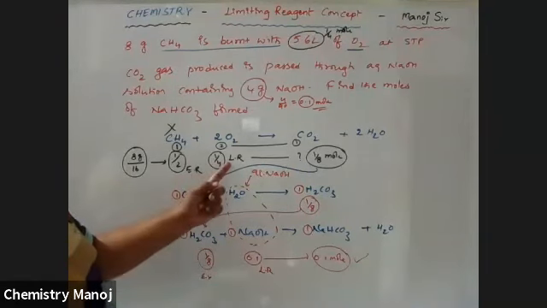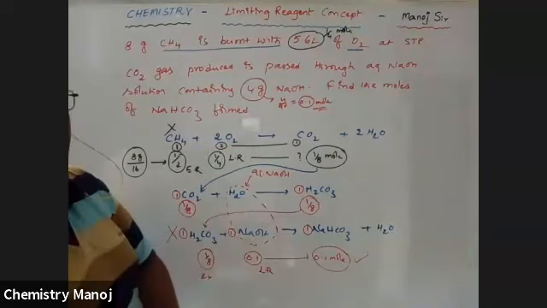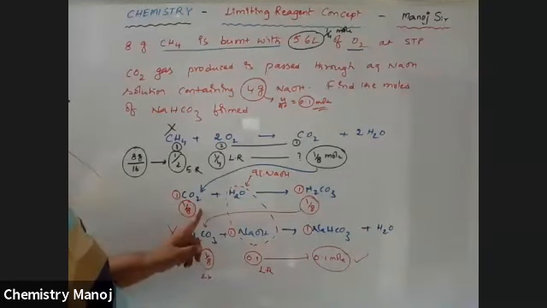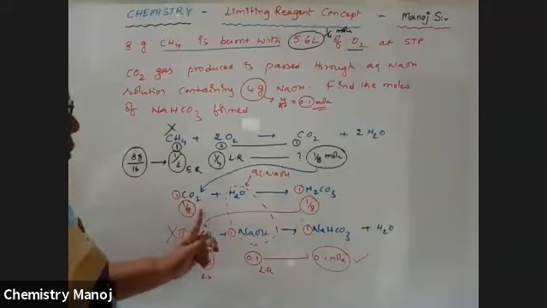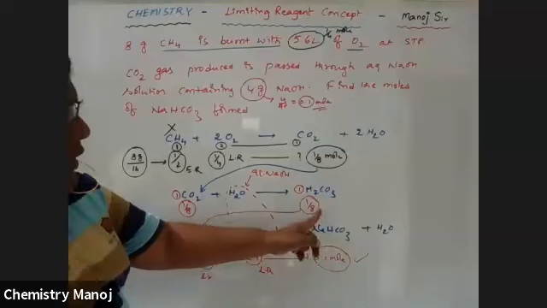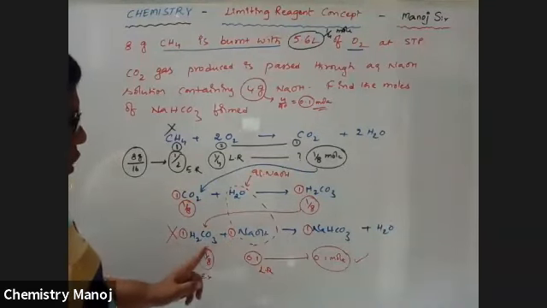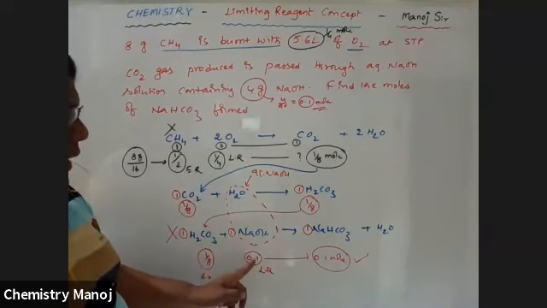Here, the limiting reagent identified is O2. So 2 moles gives 1 mole, 1 by 4 gives 1 by 8. This 1 by 8 is used here. 1 mole gives 1 mole, so 1 by 8 moles gives 1 by 8 mole. This 1 by 8 moles of H2SO3 is used here. 1 mole reacts with 1 mole, 1 by 8 reacts with 1 by 8, but here it is less than 1 by 8, that is 1 by 10.